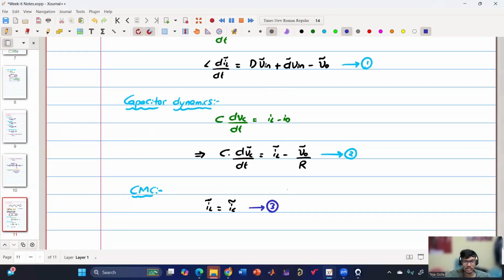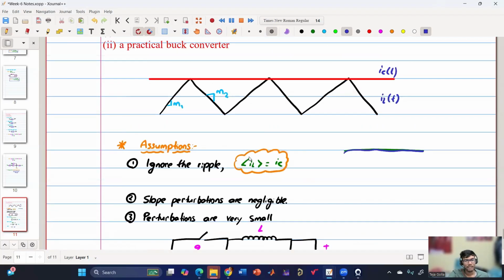Because we are considering IL average is becoming IC. So basically IL and IC are same. So any perturbation in IL should also reflect in IC because both are assumed to be same. So we will get IL tilde is nothing but IC tilde, because we have assumed both to be same according to our assumption.